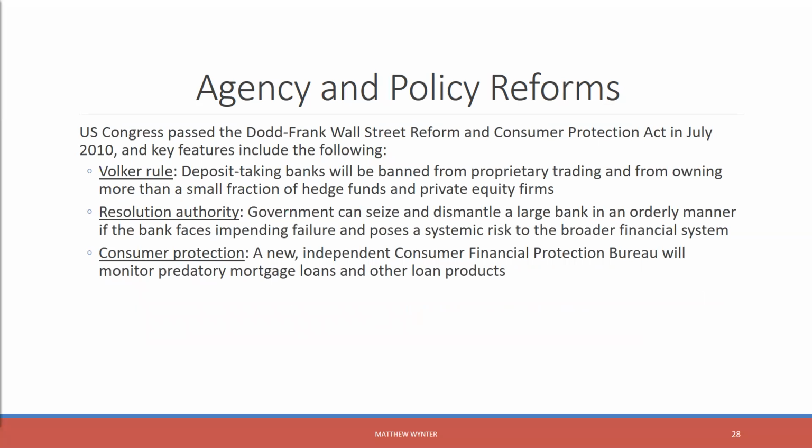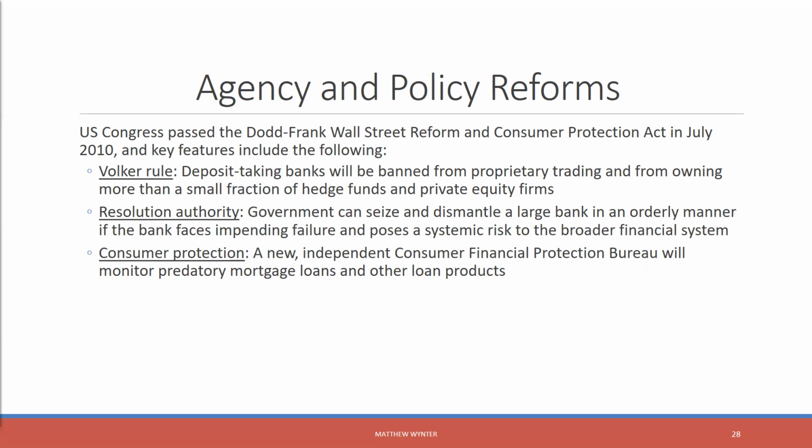We also have had the Dodd-Frank Act passed recently, with the Consumer Protection Act in July of 2010. So this was in response to the Great Recession and the financial crisis of 2008. What are the major components? We have the Volcker Rule, which says that deposit-taking banks are banned from prop trading, meaning that they can't engage in speculative trades, and they can only own a small fraction of hedge fund and private equity firms.